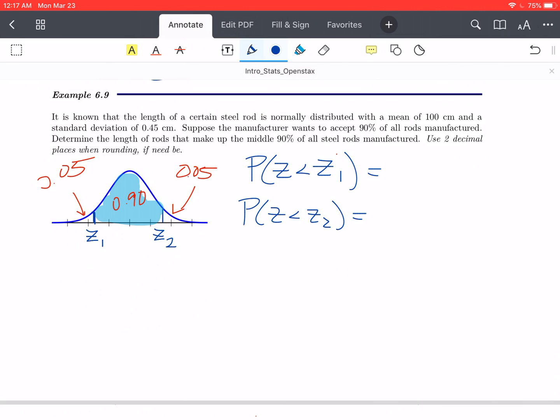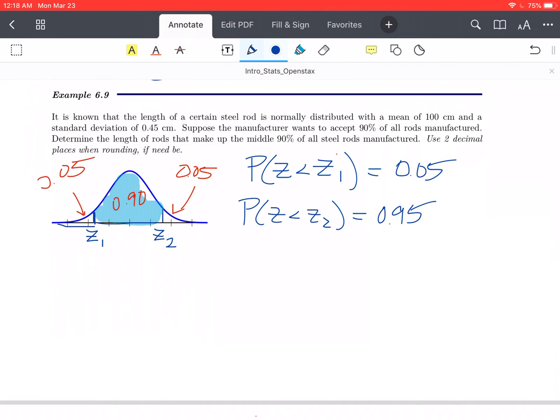And we're always looking to the left. So the amount of area below z1 is just 5%, so that's 0.05. The amount of area below z2, and you've got to be careful here, it is 90%, but it's also plus that additional 5. So that's going to be 0.95 area below z2.